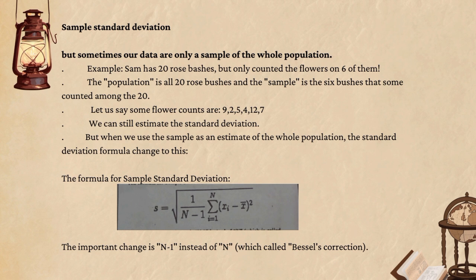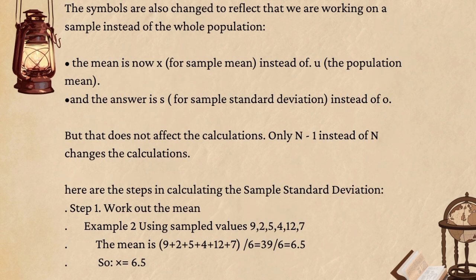Kung yung kanina ay parang σ yung equal, ngayon ay s naman. So, the important change is n minus 1 instead of n, which is called Bessel's correction. So, the symbols are also changed to reflect that we are working on a sample instead of the whole population.